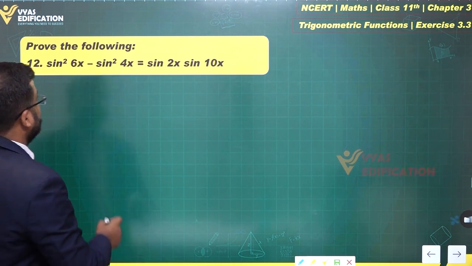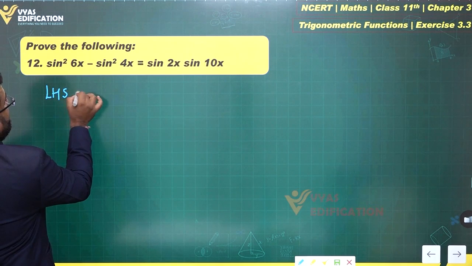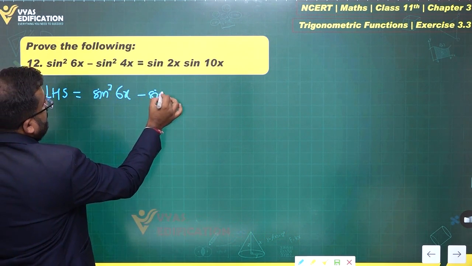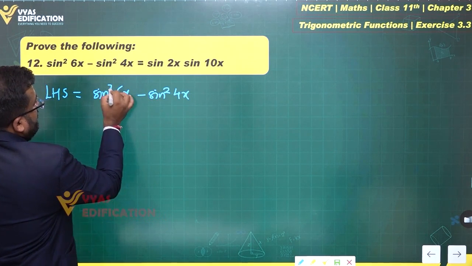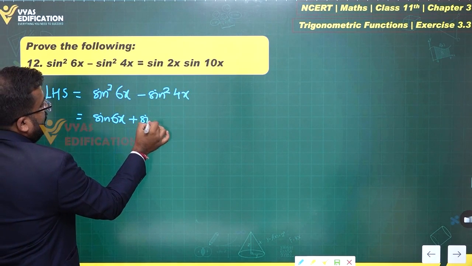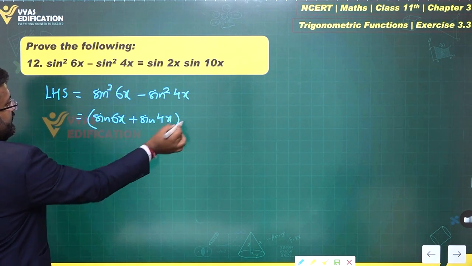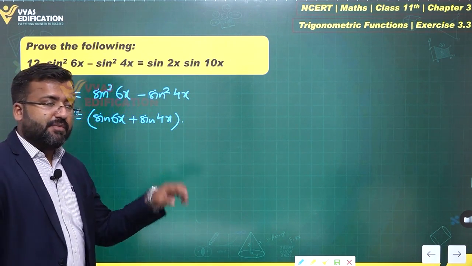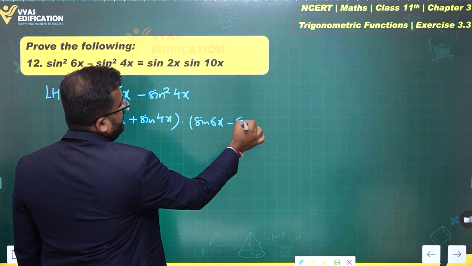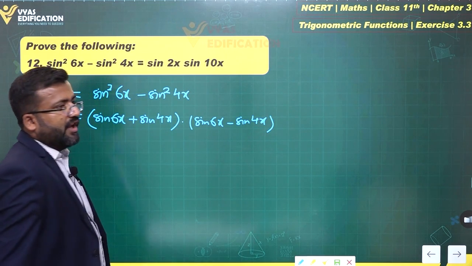Yes. LHS is sine square 6x minus sine square 4x. This can be done as sine 6x plus sine 4x times sine 6x minus sine 4x. This is what you have, right?